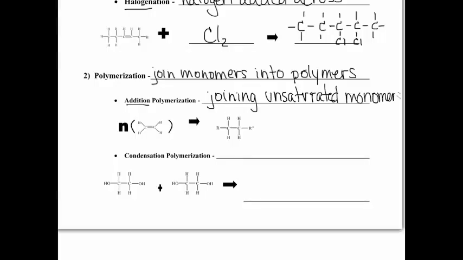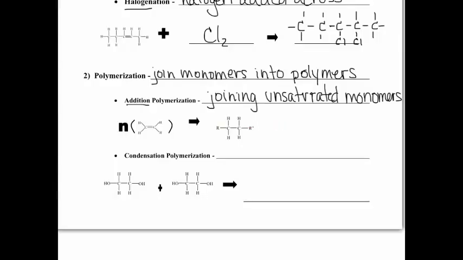So the small subunits have to have a double or a triple bond in them. So this is actually ethene, and you have N of them, that's some number of them. And what you end up doing when you break that bond is being able to link together lots of chains of ethanes.